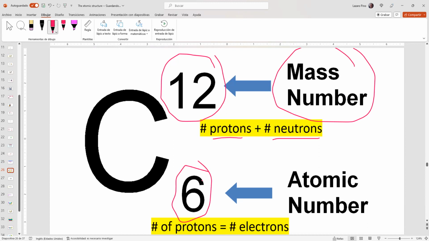Listen to this: the atomic number represents the number of protons. But as we know that the atom is neutral, the number of protons is equal to the number of electrons, then we can say that the atom of carbon also has 6 electrons. But the atomic number, and I want to repeat it once again, is the number of protons.